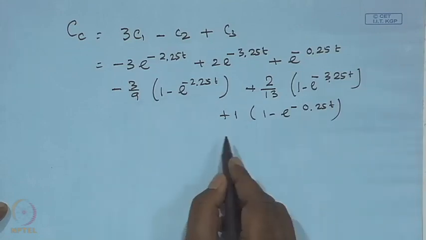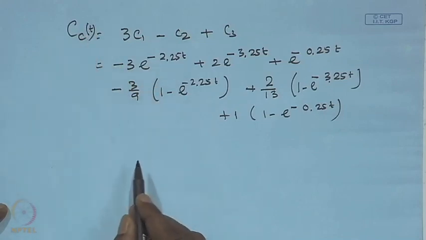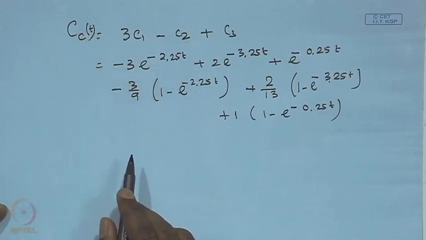So, that gives the final solution of C C. So, we get the expression of concentration of A, B and C as a function of time.